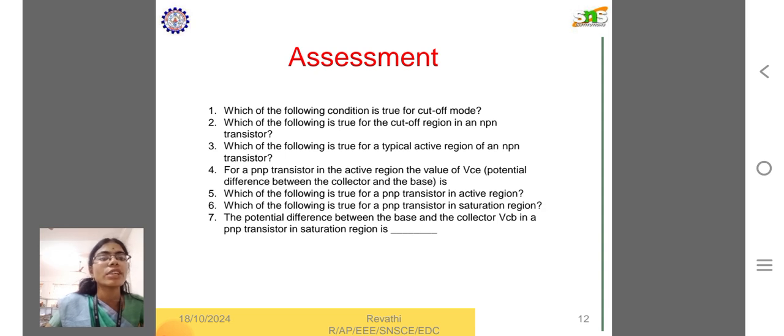Which of the following is true for a PNP transistor in the active region? Which of the following is true for a PNP transistor in the saturation region? The potential difference between the base and the collector, VCB, in a PNP transistor in the saturation region is?